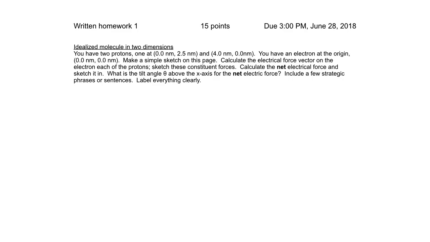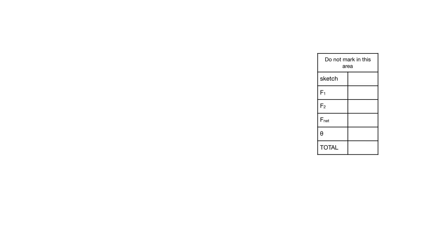And it shows you you have 2 protons, and it gives you the location, and you have an electron. And you're going to figure out the net force and the tilt angle, just like we just did, but a slightly different array. And then down at the bottom of the page is a little table, and I'll grade your paper there.